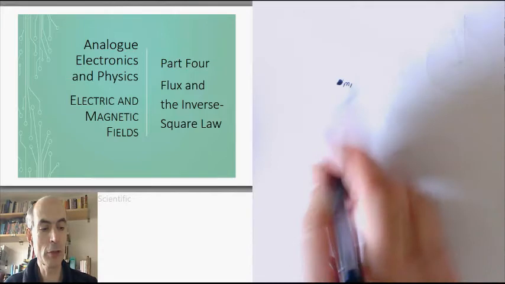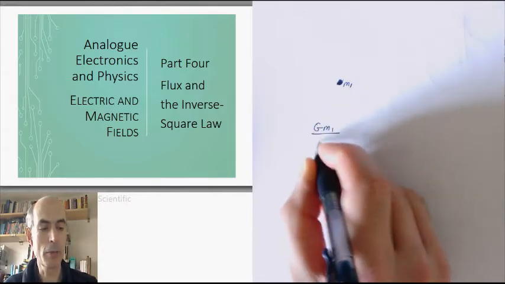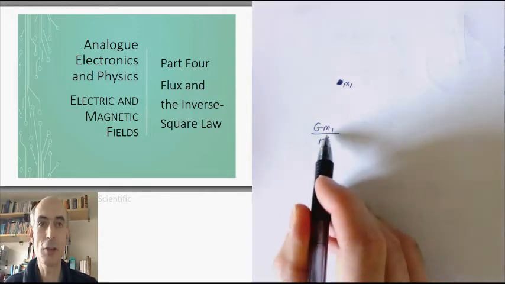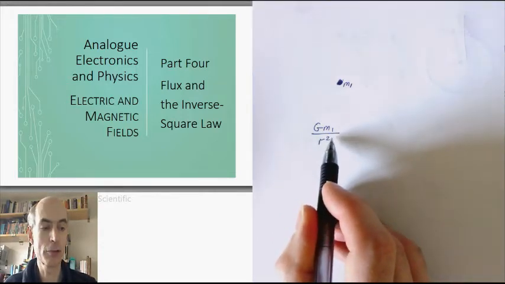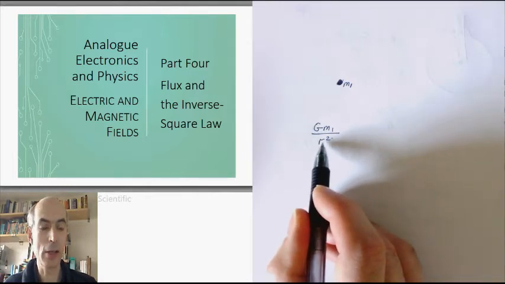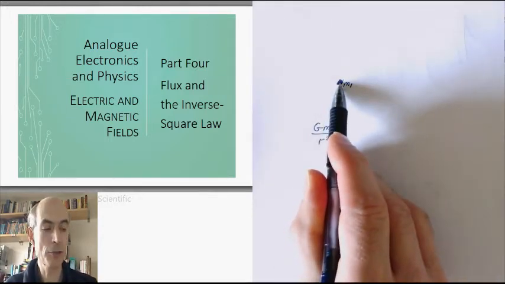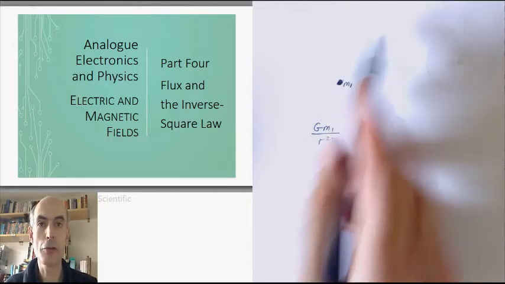But because the gravitational field is g m1 over r squared, that's the gravitational field strength, the force of attraction on a unit mass, the field strength is going to vary inversely with the square of the distance. So the field strength is much greater closer to the mass and much weaker further away.